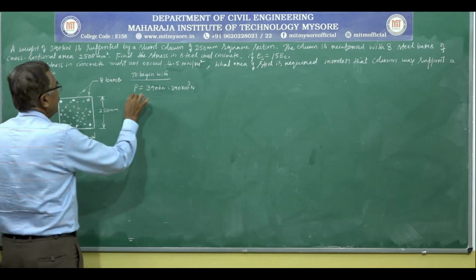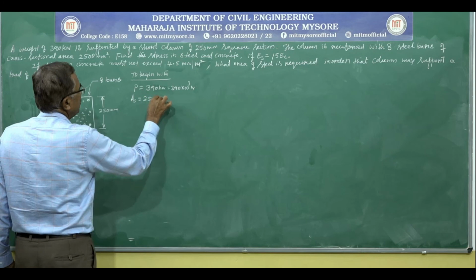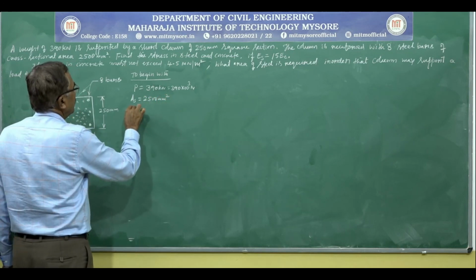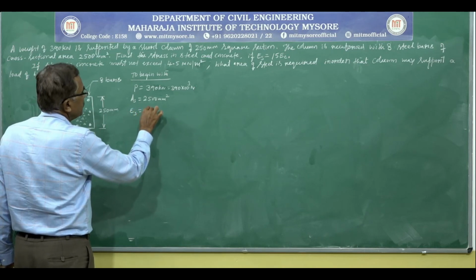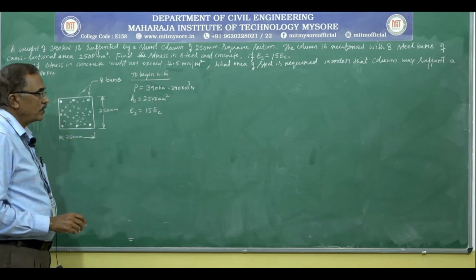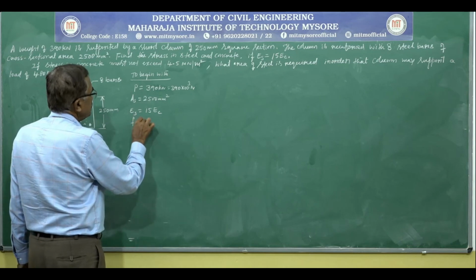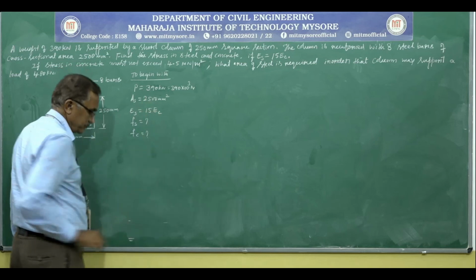Next, area of steel, As, is equal to 2500 millimeter square, and Young's modulus of steel is equal to 15 times Young's modulus of concrete. We are asked to find the stresses induced: Fs is equal to question mark and Fc is equal to question mark.